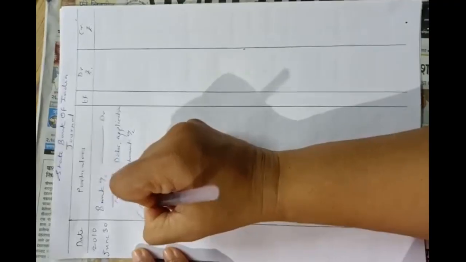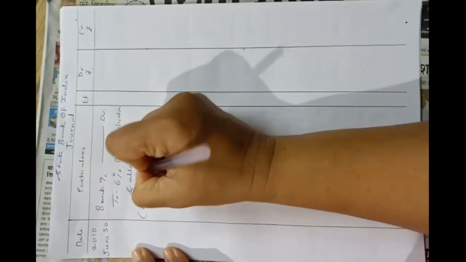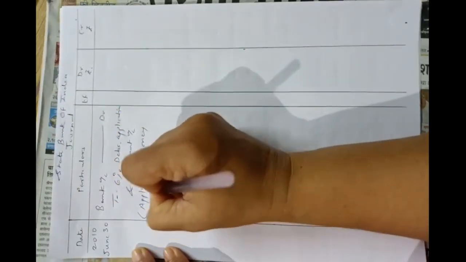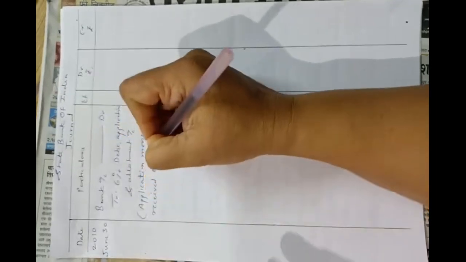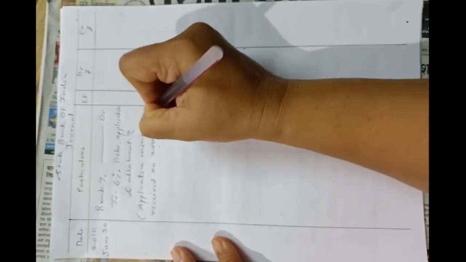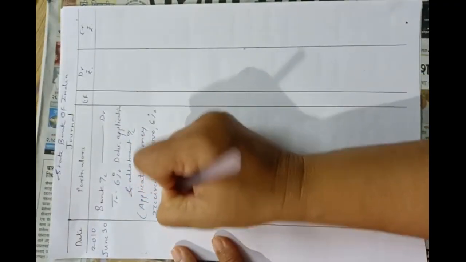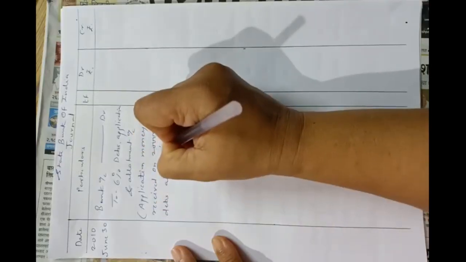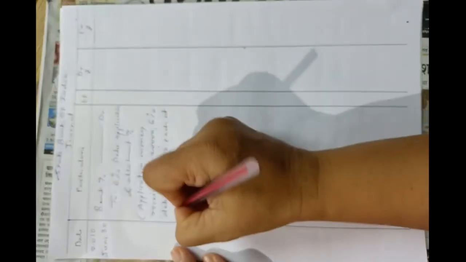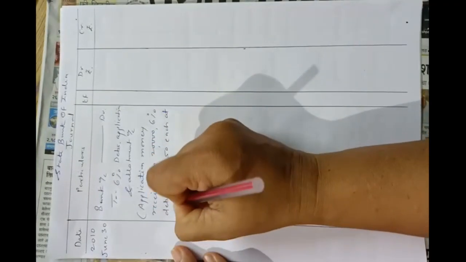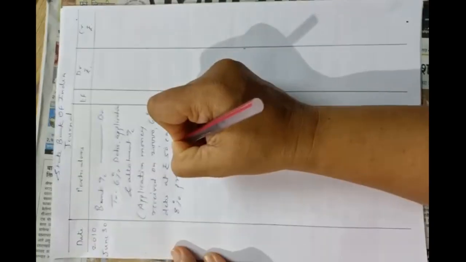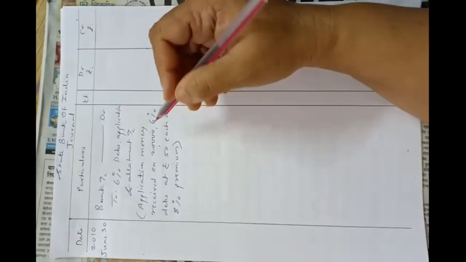Narration: application money received on 20,000 6% debentures at rupees 50 each at 8% premium. Means these debentures are issued at premium.